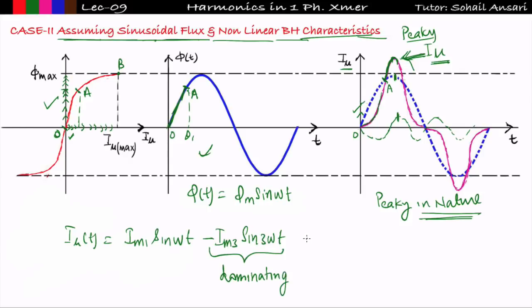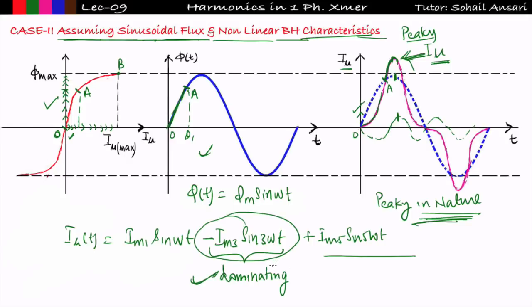I will get more also, like plus Im5 sin(5ωt). All odd harmonics I will get in this waveform, but these are not dominating in nature. This third harmonic is dominating, therefore the waveform I am getting is peaky in nature. So because of the negative third harmonic component in the magnetizing current, I am getting a peaky waveform.